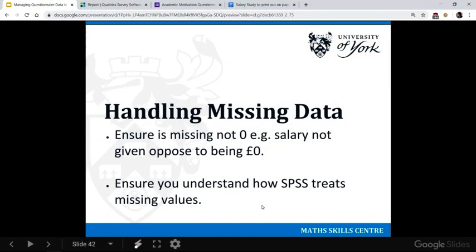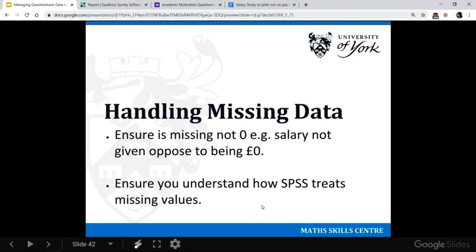Be careful when it comes to coding in missing data. Ensure that it's missing rather than a zero. So a salary question is a good example of that. Some people might answer that they earn nothing, which would be £0. Other people won't answer that question, and you want to code that up either using -99 or maybe just leaving it blank.